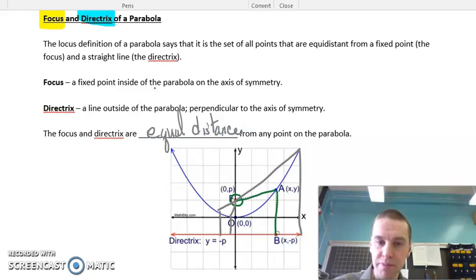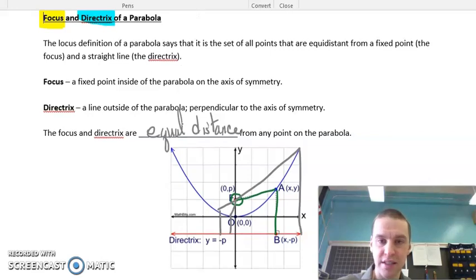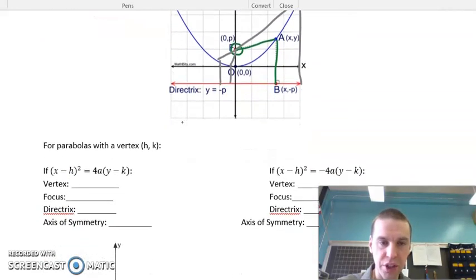So you have this parabola, and you have this focus that is inside the curved portion of the parabola. You have the directrix that is on the outside of the parabola. The focus to the vertex and the vertex to the directrix are equal distance. And we're going to show that right down here.